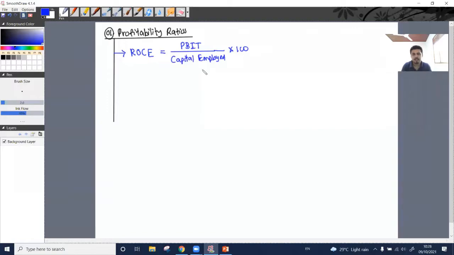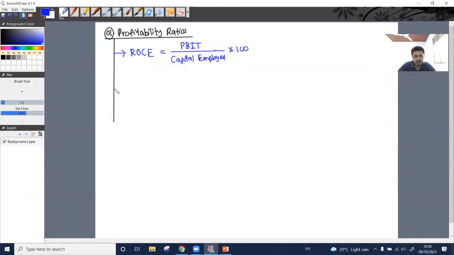If we have invested 100 rupees using debt and equity capital, what is the profit we can earn per year? That is the idea ROCE gives. If I put in 80 rupees of my own and borrow 20 from a friend, investing 100 in the business, how much can I get as profit from that business by the end of the year? Right? So that is the idea. ROCE, return on capital employed.